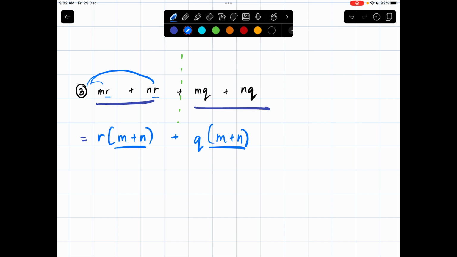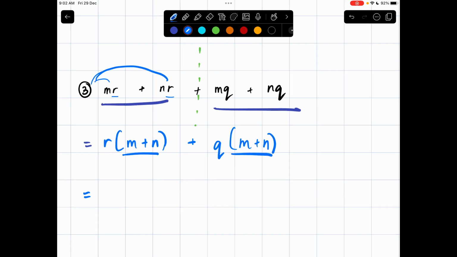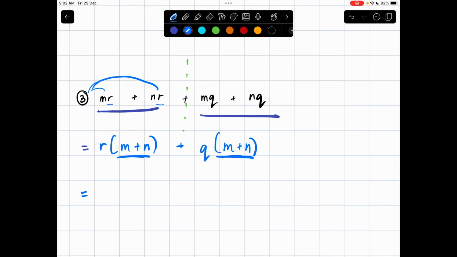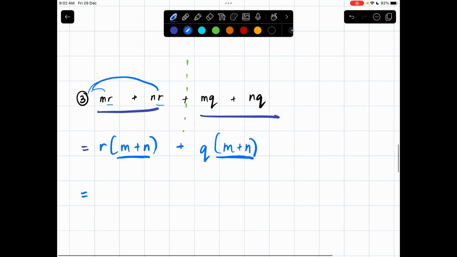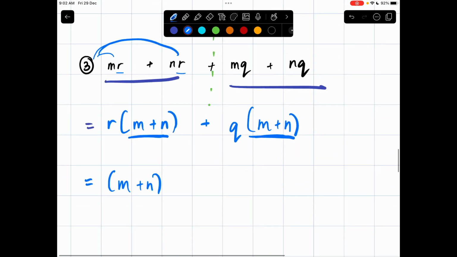This is where this method seems a bit tricky, but no worries, I'll explain it to you. So we have r bracket m plus n and q bracket m plus n. Since m plus n is repeated in both the terms, we can take out m plus n, and inside we will have r and q remaining.